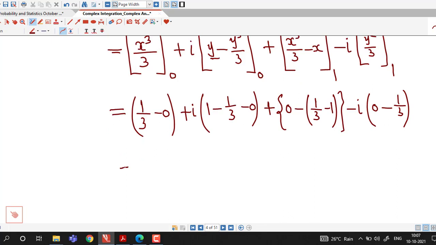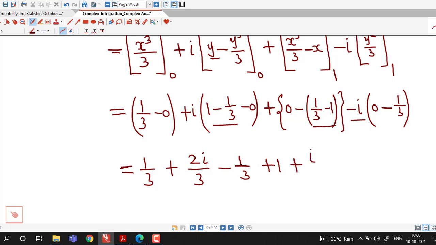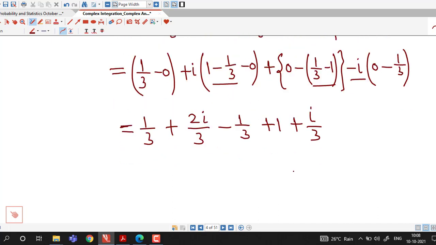Now we simplify all these things. This is 1 by 3 plus this we can write as 3 minus 1, 2 by 3, so 2i divided by 3. Same thing here, this is going to be minus 1 by 3. If we take negative sign inside the bracket, minus 1 by 3 plus 1, and here negative positive, plus I divided by 3.